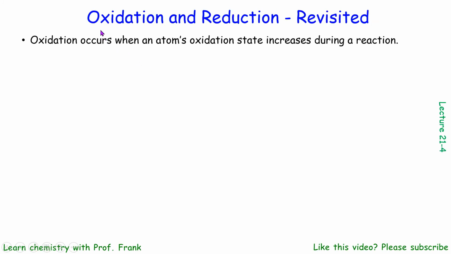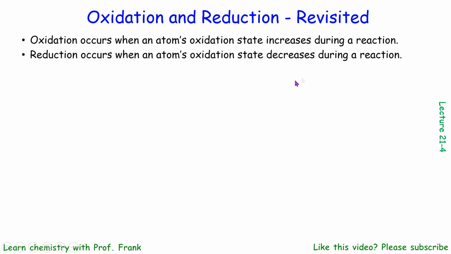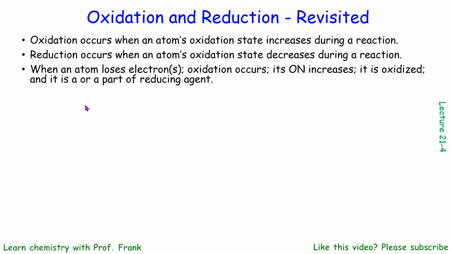Now let's address oxidation and reduction. Oxidation occurs when an atom's oxidation number increases during a reaction. Reduction occurs when oxidation number decreases. When an atom loses electrons, oxidation occurs.